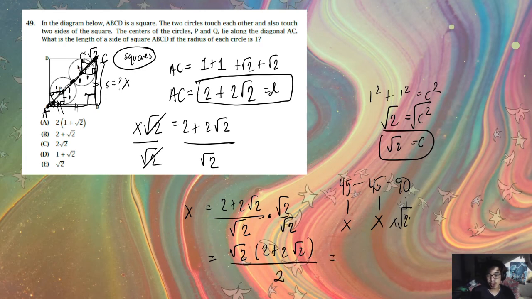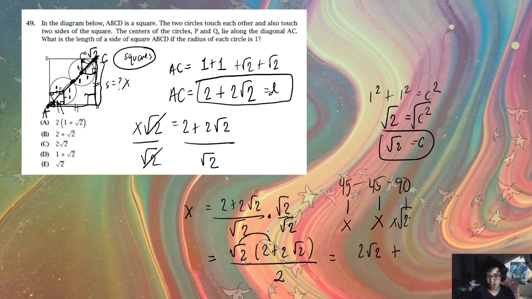And this should give us 2 square root of 2. Okay, and square root of 2 times square root of 2 is just 2. Okay, there you go. And that should give us 4, right? So that's plus 4 here.